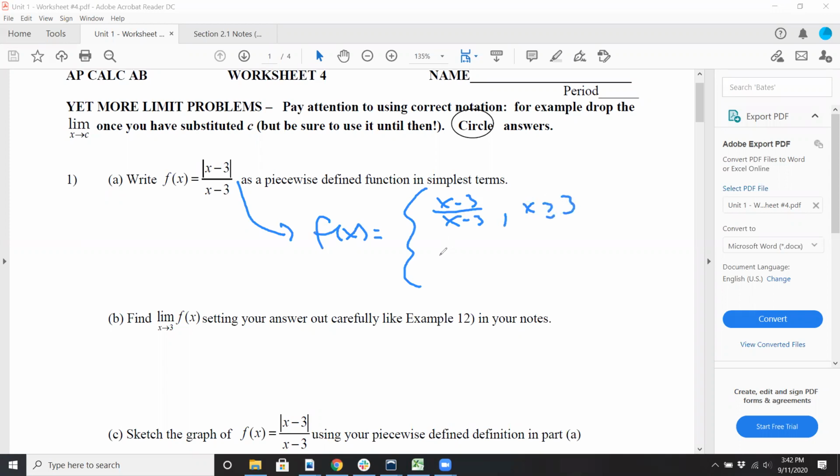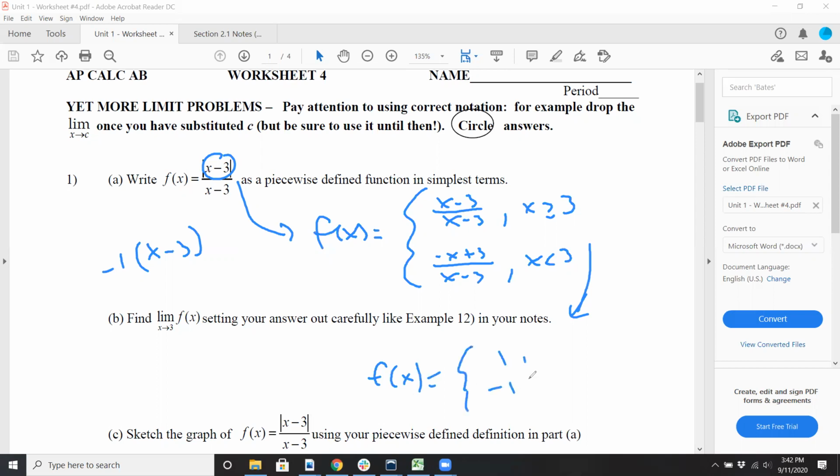And then it'll be negative x plus 3 over x minus 3, assuming x is less than 3, that this part is holding a negative value. So I multiply x minus 3 by negative 1 to counteract that. But of course, if I realize that x minus 3 over x minus 3 is 1, negative x plus 3 over x minus 3 is negative 1. This is what's happening.